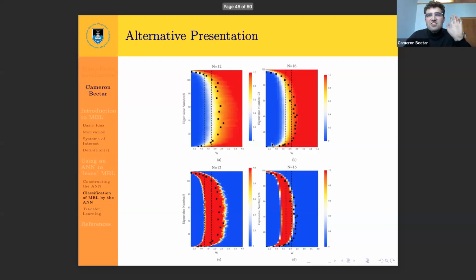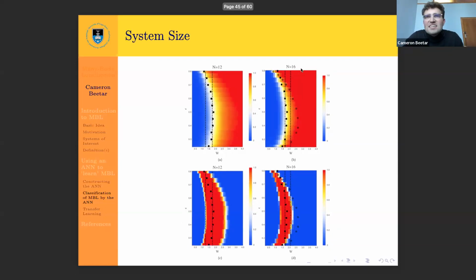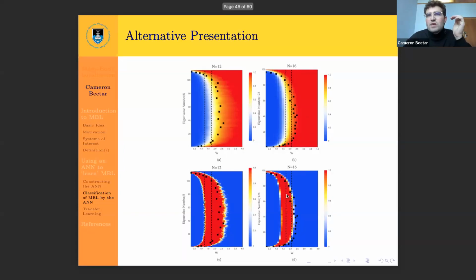So this is just a slightly different representation. In the normalized shifted eigenvalue one, there's a slight bulge for lower eigenvalues, and that's slightly masked in the binned eigenvalue number representation.